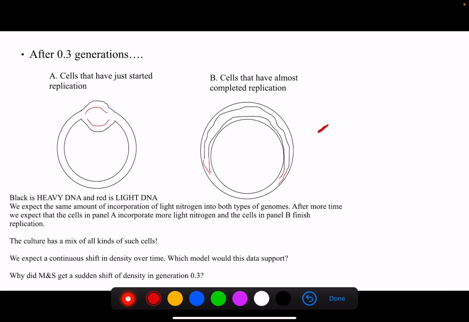You will see a smear of band. This is not good. This will be a mix of all kinds of cells.